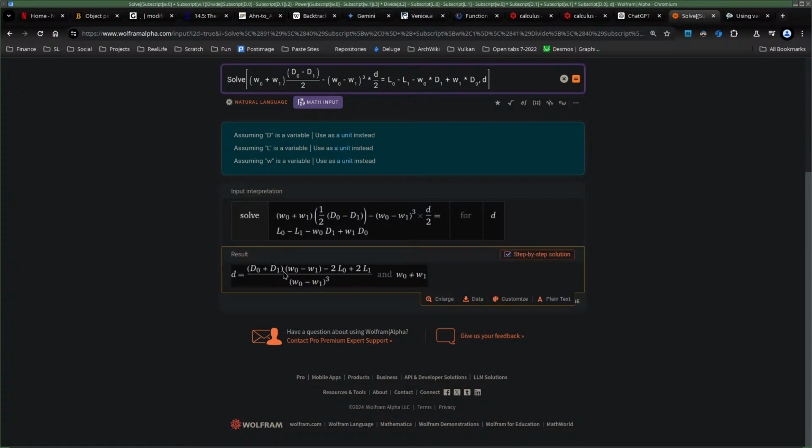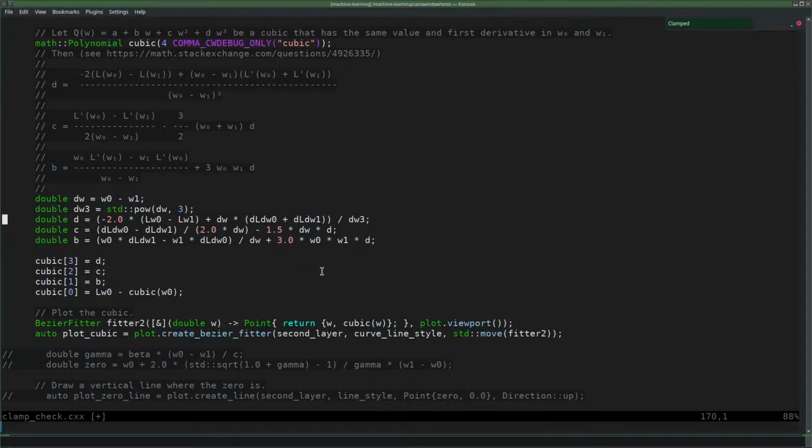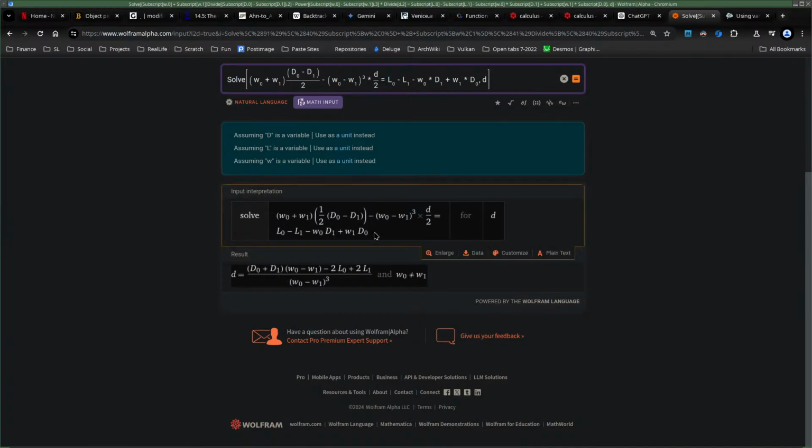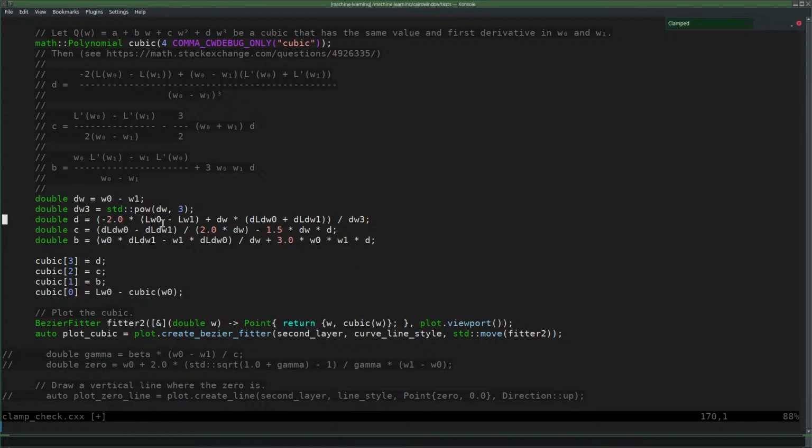The sum of the derivatives times the difference between the w's. Minus 2 times L W0. The opposite sign for the other one.